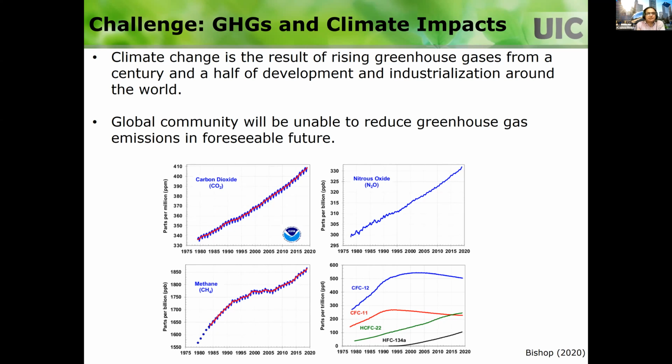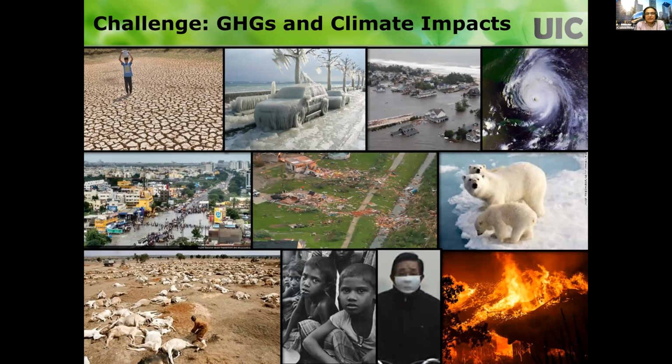And we have increased them so much that it's hard to reduce them very quickly. So what do we do? Since these are already very high, and we are not doing anything substantial to decrease them, they continue to increase. And as a result, we are going to have climate change, and that leads to a lot of climate change hazards.